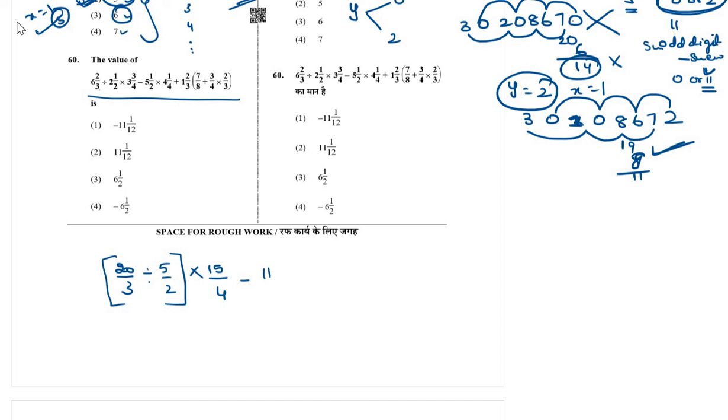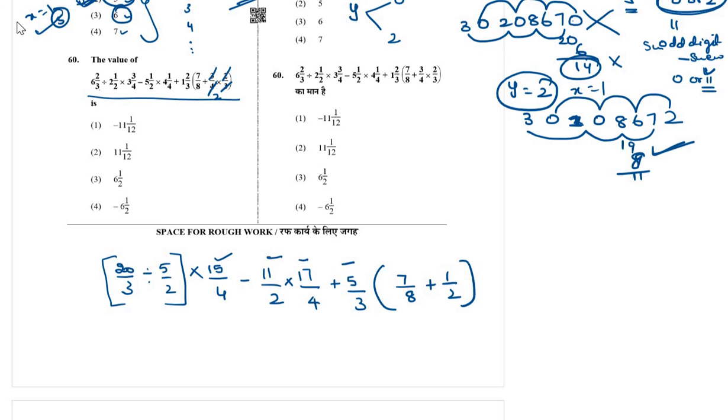And then minus 11 by 2 into 17 by 4 plus 5 by 3. And then within a bracket 7 by 8 plus 1 by 2, where we can cancel the twos, and 3 is a single term, so you can cut like this. Everywhere it is a mixed fraction, we converted into improper fraction.